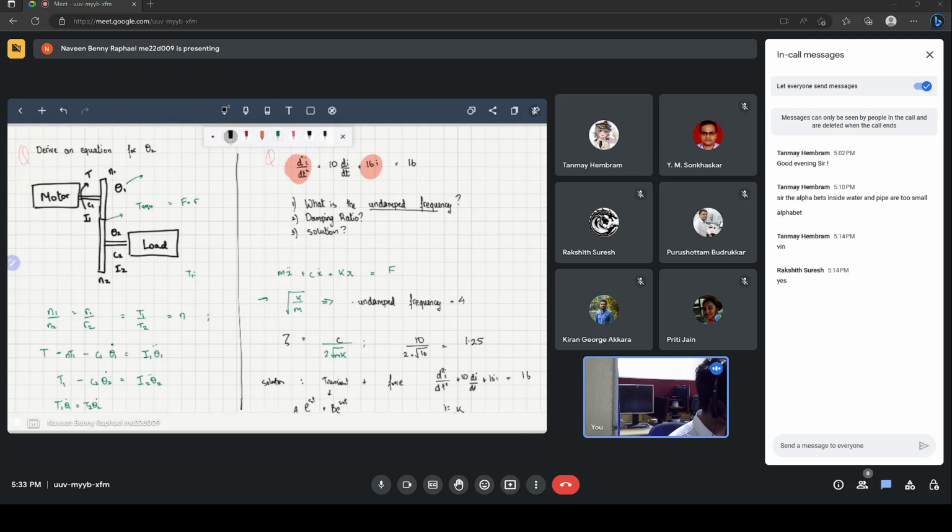And if we assume I is equal to a constant, these two terms disappear, and naturally we get k is equal to 1. So the forced response is k is equal to 1. So for this, it's plus 1.